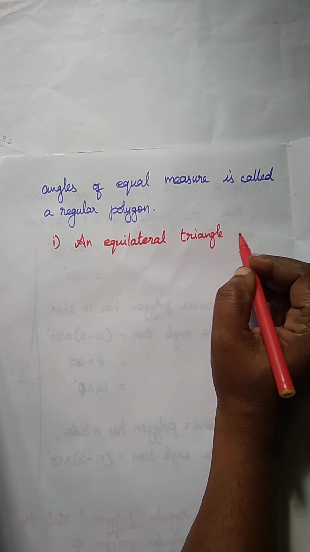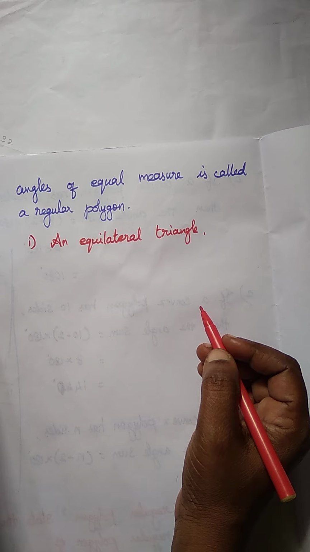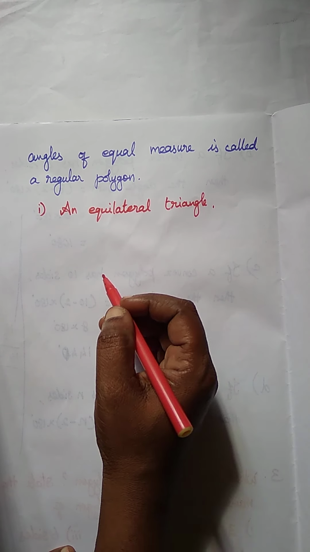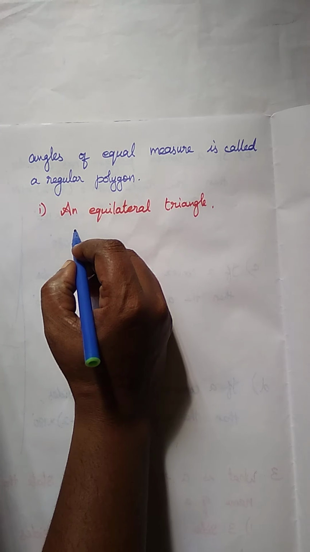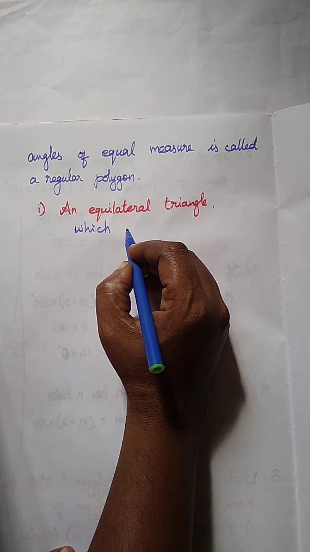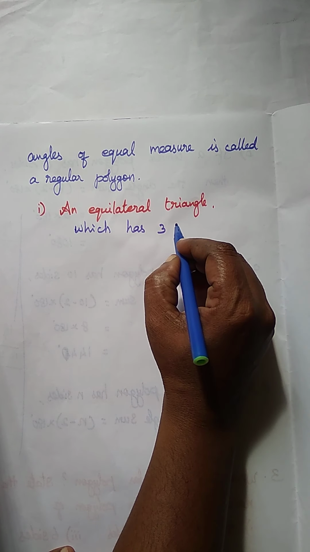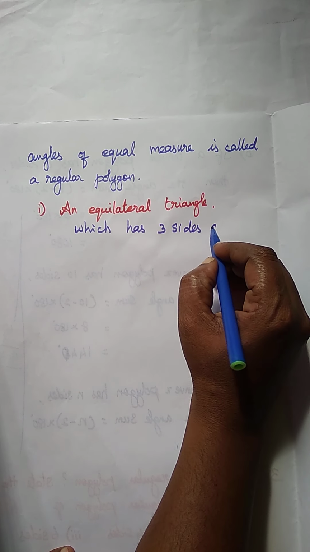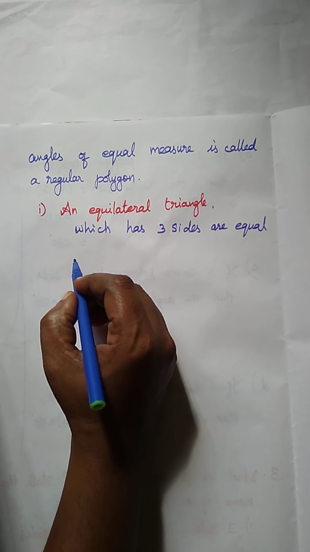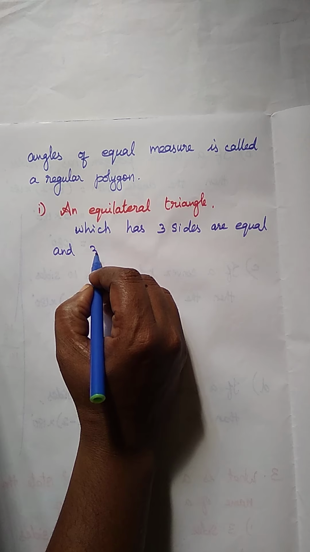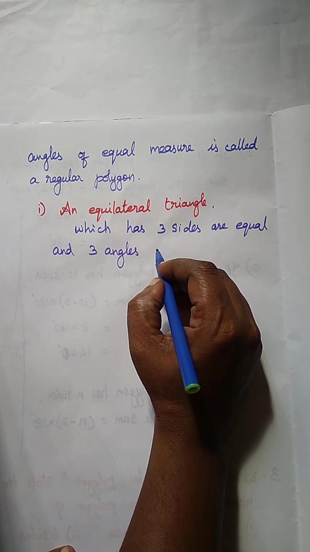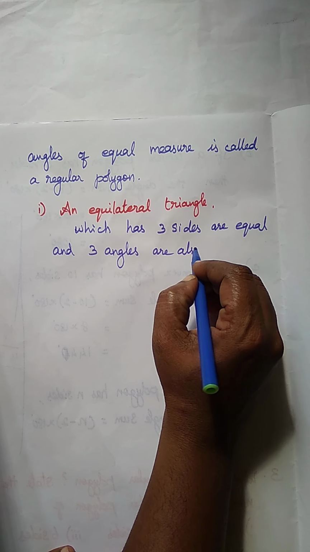So equilateral triangle, as all 3 sides are equal and 3 angles are also equal.